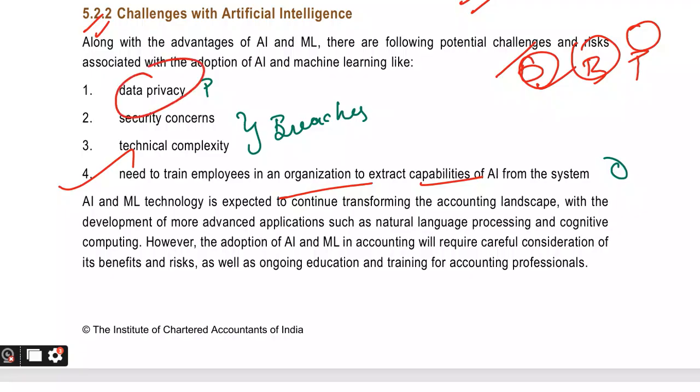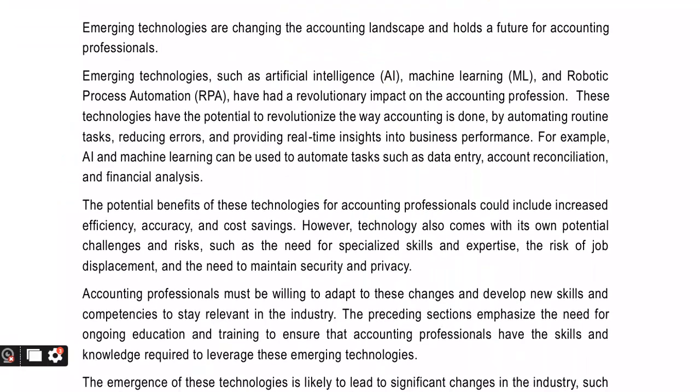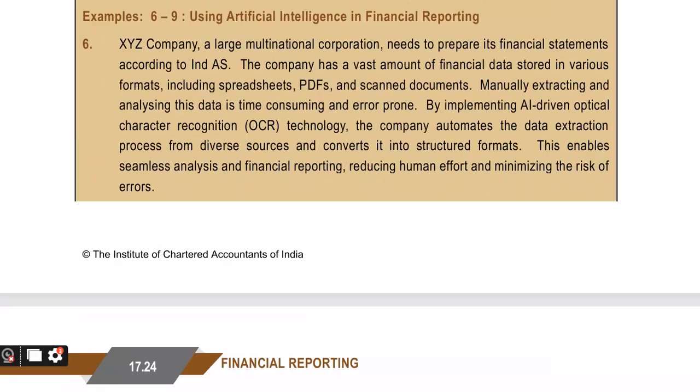P stands for data privacy problem. Instead of B, there will be a data security breaches problem. Here, security concerns and technical complexity, just keep it as breaches, because of complexity and security concerns. This is how you can remember. The same kind of points you can easily remember, that's why the same technique is given here also. So the other points you can easily run through.